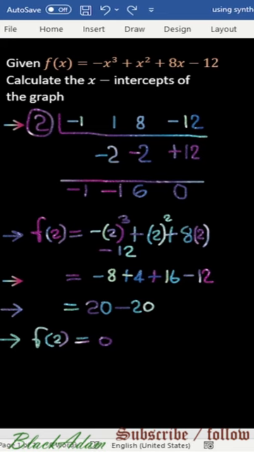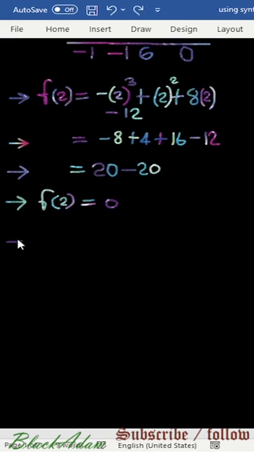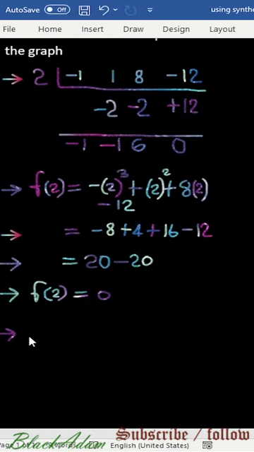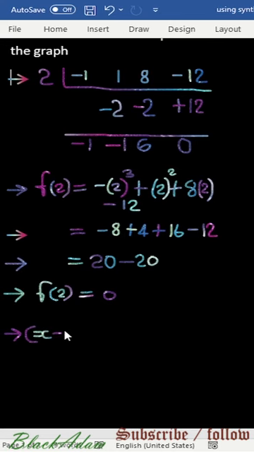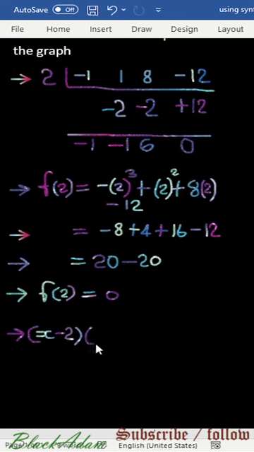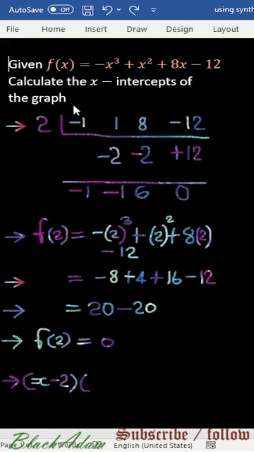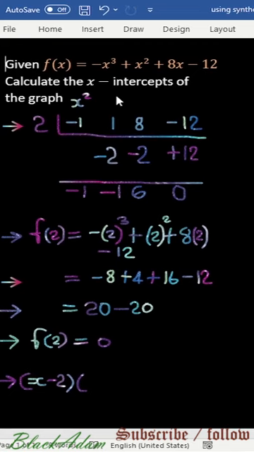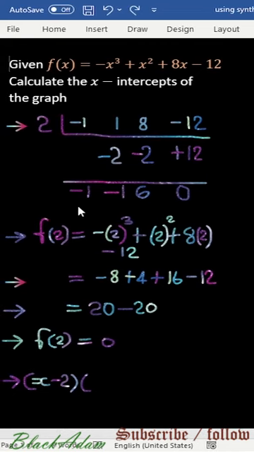And then now we use 2, finding the factor of 2. If it's +2, then we use the factor x -2 in brackets. Now we're going to use the answer down there.